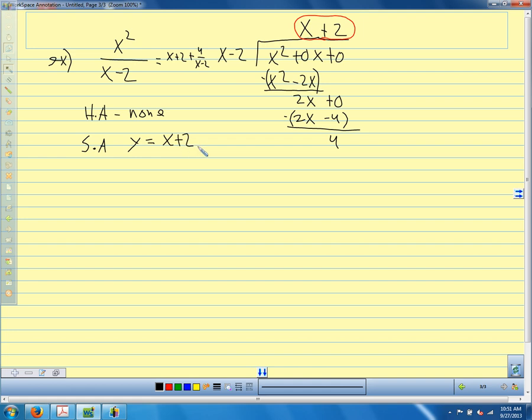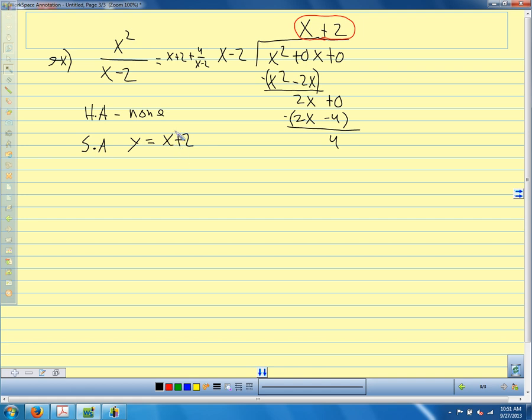And the reason that is, is because this fraction, 4 over x minus 2, it's like we talked about with that homework problem. When x gets really, really big, this fraction gets really, really small. So as we get bigger and bigger, this is adding just a tiny bit. And eventually, we can say it really adds nothing to the x plus 2. So y equals x plus 2 is our slant asymptote.